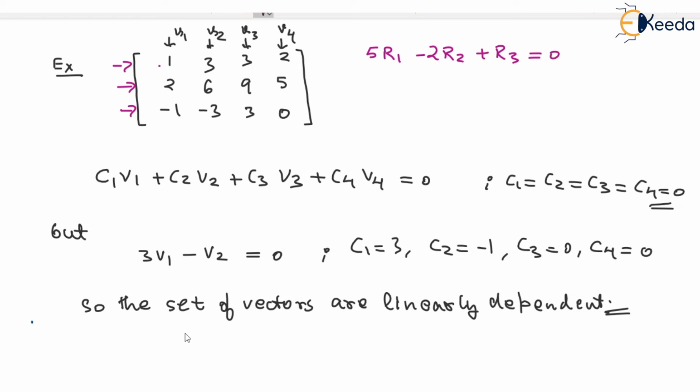So we can also say that these rows are also linearly dependent.